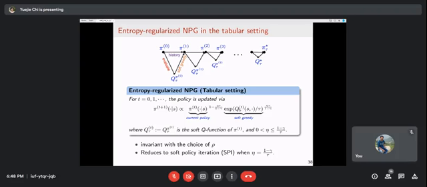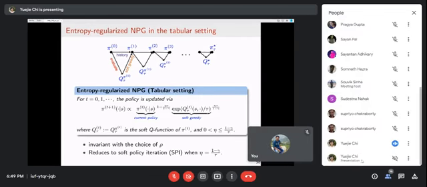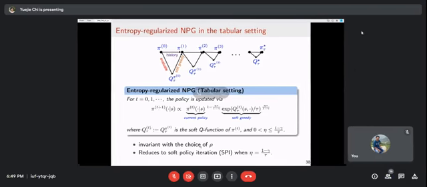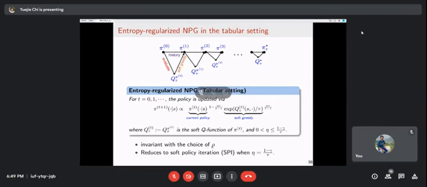And here, the learning rate is within the interval from 0 to 1 minus gamma divided by tau. So if you add up the exponents on both terms, they add up to 1. And this update rule is actually invariant with respect to the choice of the initial state rho, even though when we first write down the optimization problem, we introduced it.